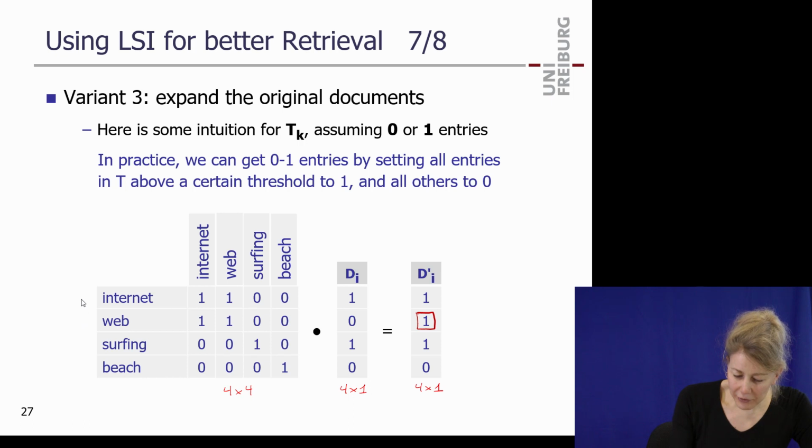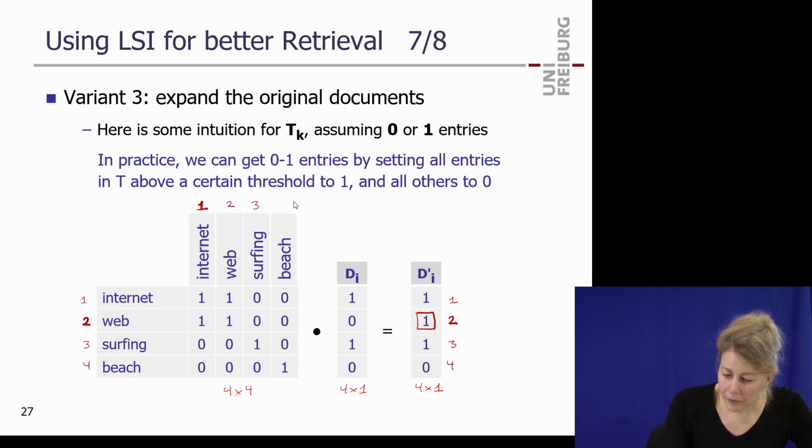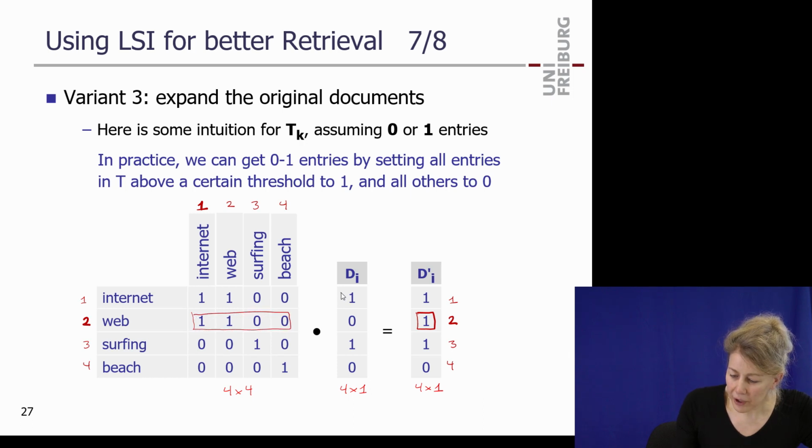Let me name the dimensions here, 2, 3, 4, and you will see in a second why I'm drawing that in. How do I get that entry? This is the second entry, and I get it by computing the dot product of this with this.